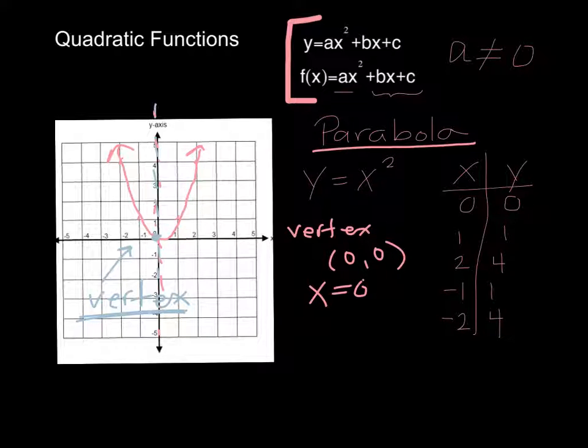So let's talk about these things in general for any quadratic function. Something else you might notice is that sometimes we see a graph that looks like y equals negative x squared. A graph of y equals negative x squared would look similar. We can see if we plot some points.